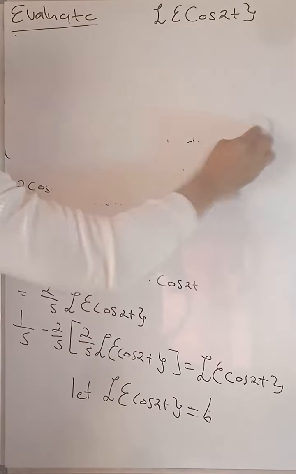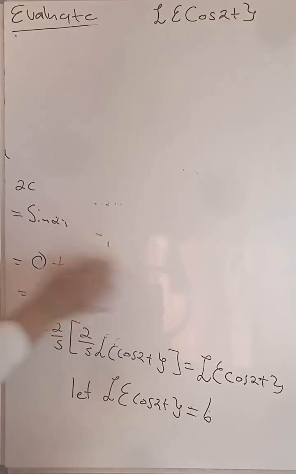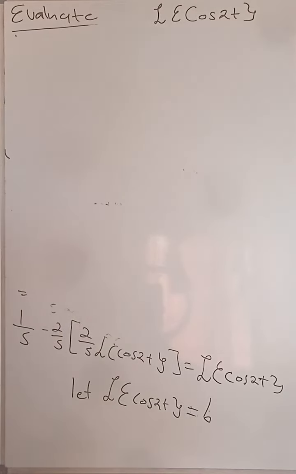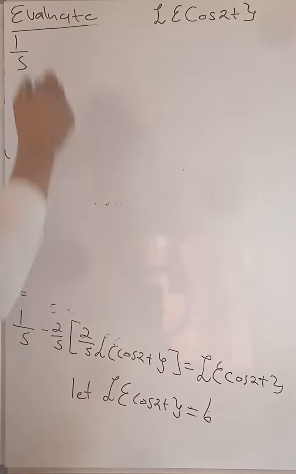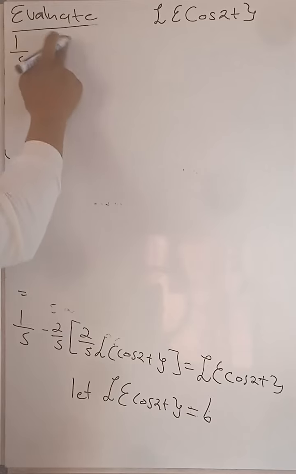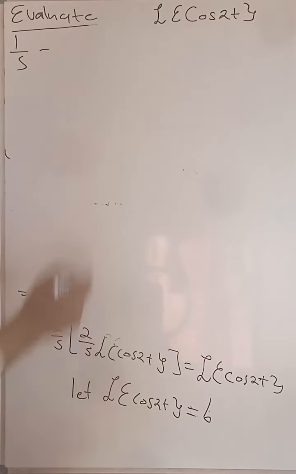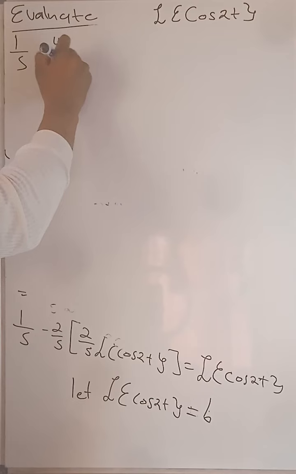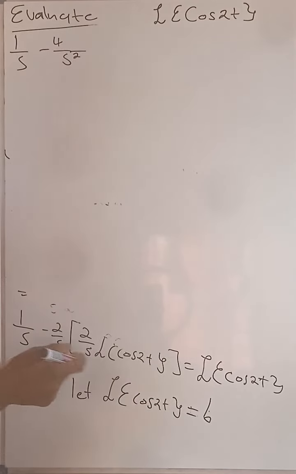So let me erase this part now, so we can evaluate the last part. So I'll be having 1 over s, which is this guy, minus 2 times 2 is 4, over s squared, because of s times s.